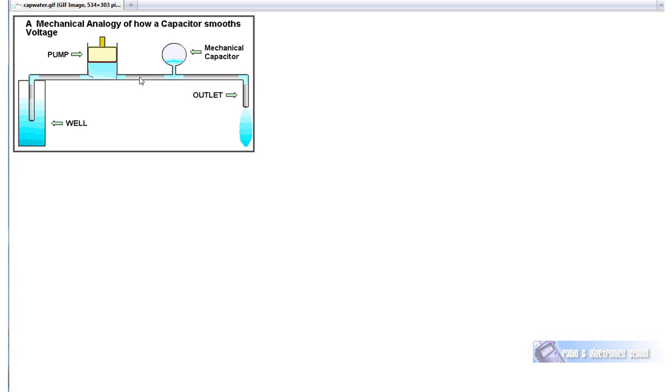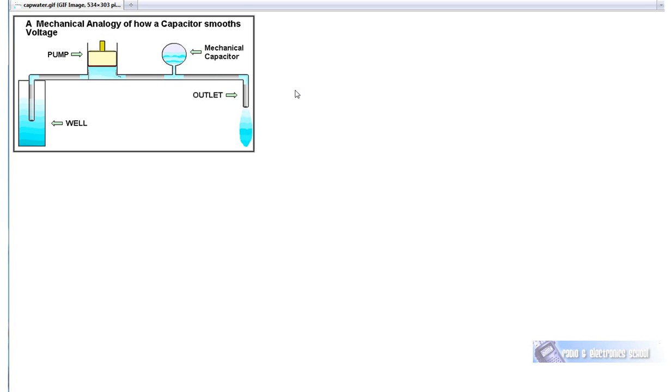So the pump comes down, water fills the reservoir. Now the water from the reservoir, while the pump is going up, provides water at the outlet. What the reservoir is doing is storing water for us, and that water is used during the no pump period.